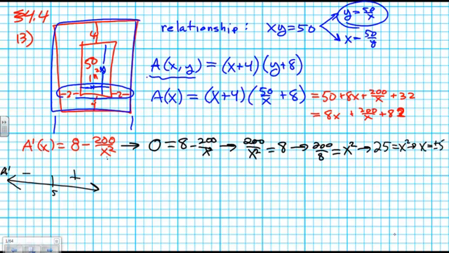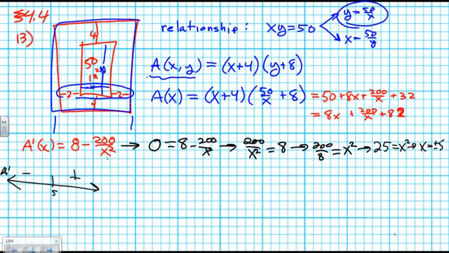So A prime goes from negative to positive, which means A is going from decreasing to increasing. That means the thing that's going on at 5 must be a minimum. The book mentioned taking the second derivative, but this is quicker. You can take the second derivative and it'll also tell you whether you have a local maximum or minimum using the second derivative test.